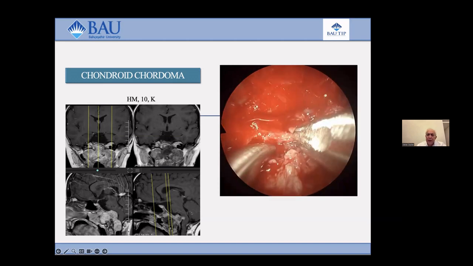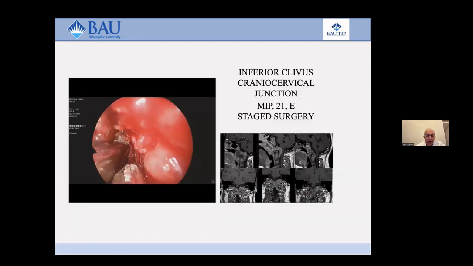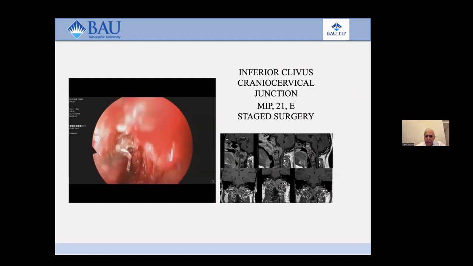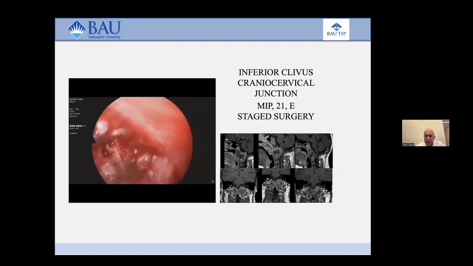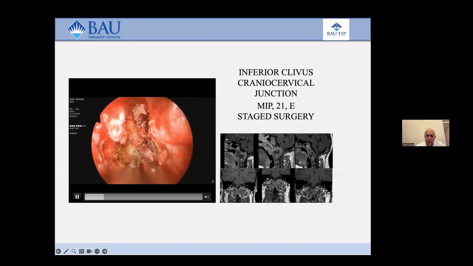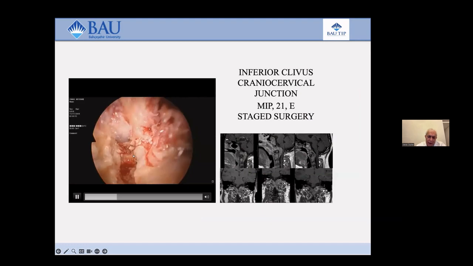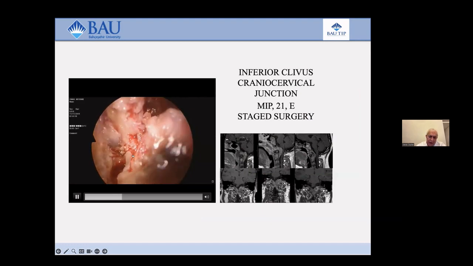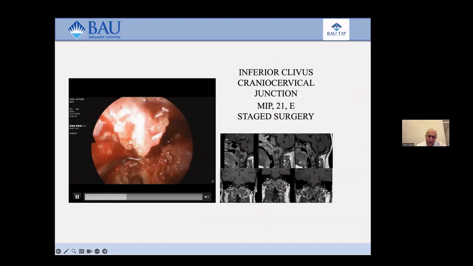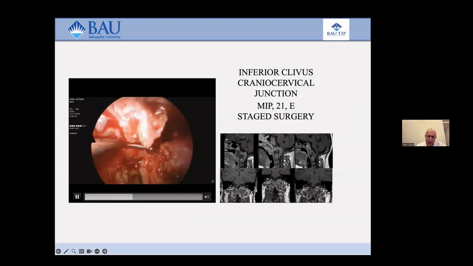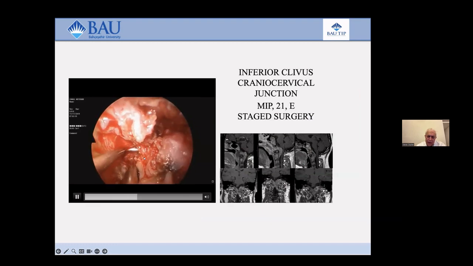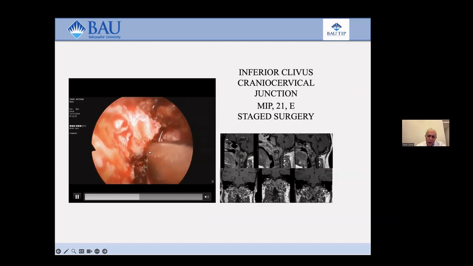In the other case, we performed staged surgery. In the first surgery, we removed the lower clival tumor, and in the second surgery, we performed a transodontoid approach and reached the C1 arch. The left lateral side of the C1 anterior arch was removed, and then we reached the condyle.